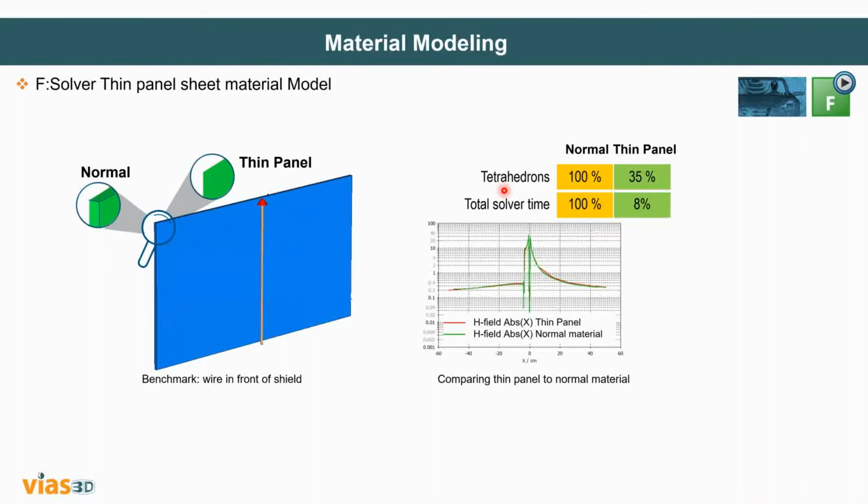It was already supported for the TLM solver, when doing EMI, EMC analysis, where thin panel materials come into play. It was also supported with the transient solver, asymptotic solver, even for other radar applications, but now in 2022 it is supported for the frequency domain solver as well.